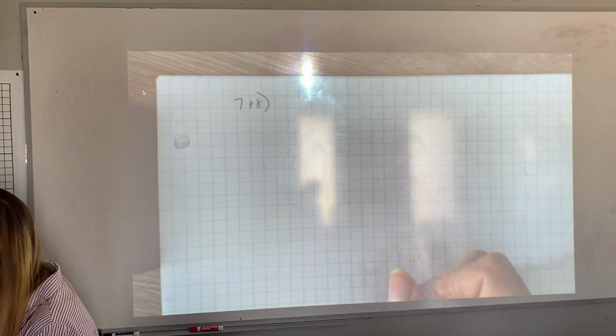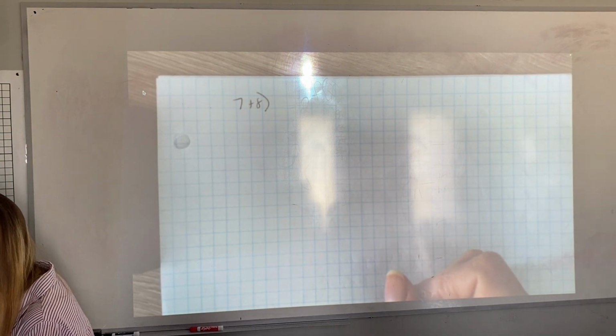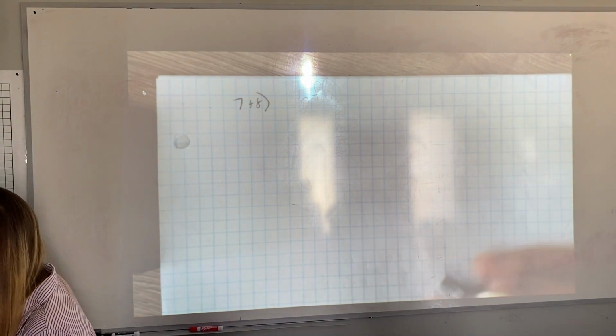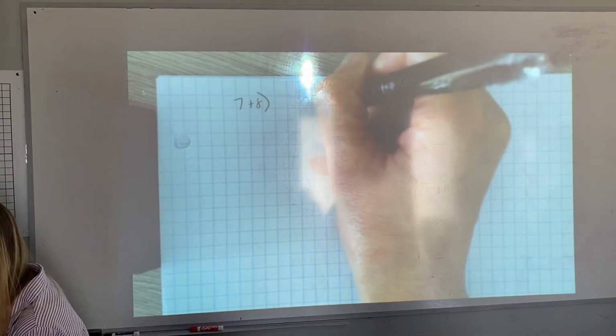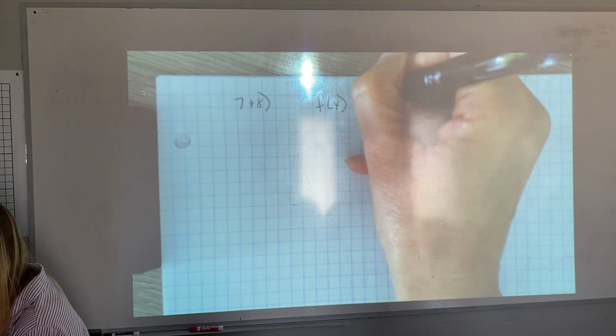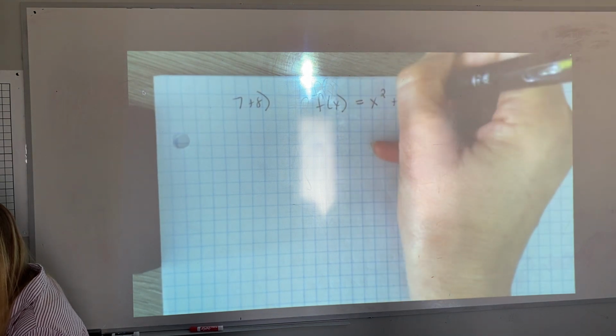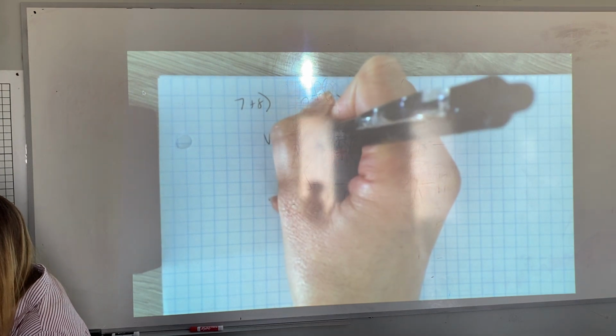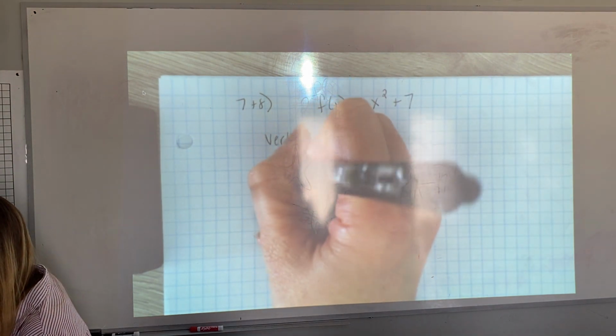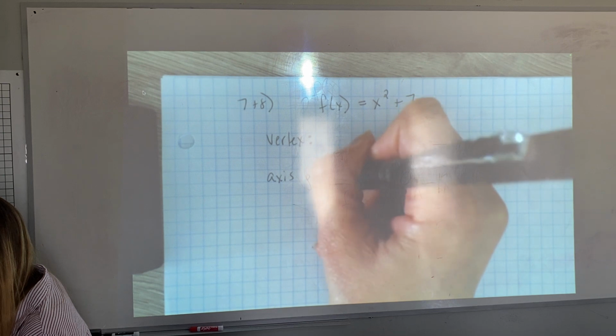So for 7 and 8, it's gonna give you functions, and it's gonna ask for your vertex and axis of symmetry. So here's an example of a function it might give you. It's going to ask you for the vertex, and it's gonna ask you for the axis of symmetry.